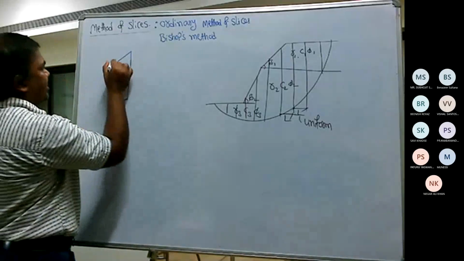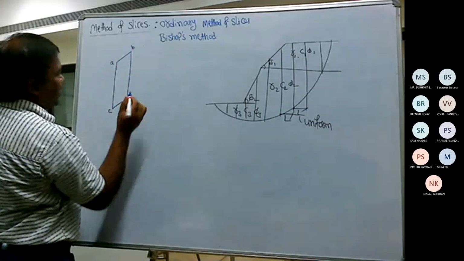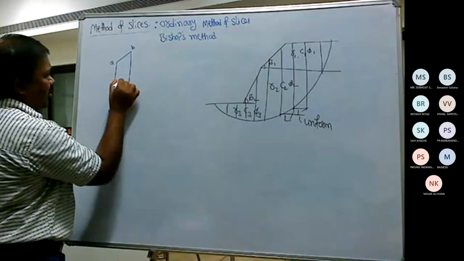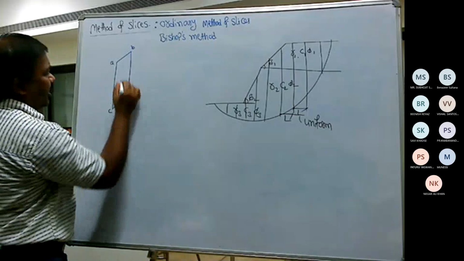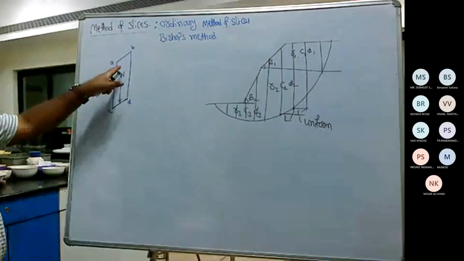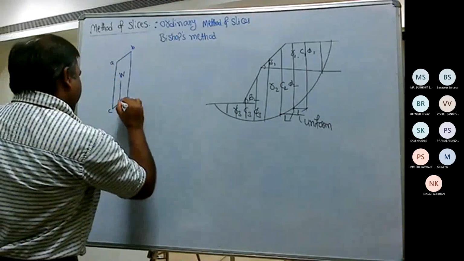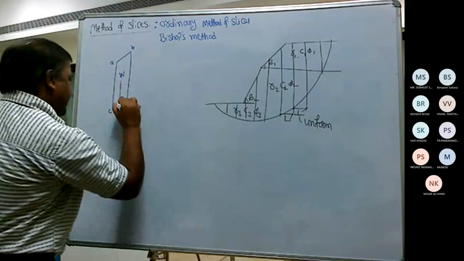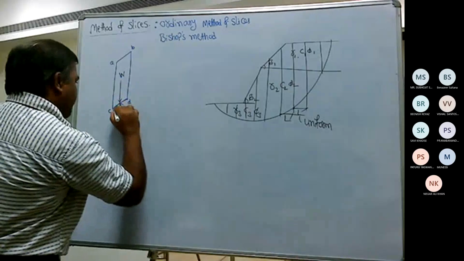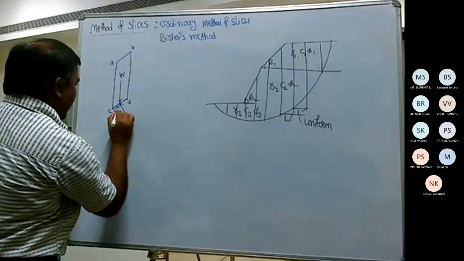Now here I have taken a small slice, A, B, C and D. Suppose I draw a free body diagram. The first component is W, that is the weight of the slice A, B, C, D. Another component: when a driving force W exists, there develops a normal force and a tangential force, TR and NR.